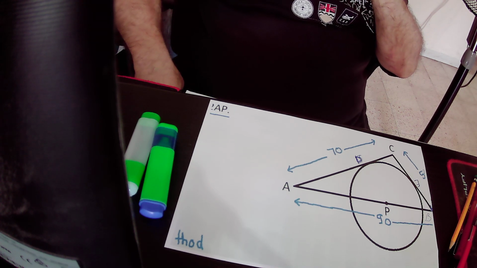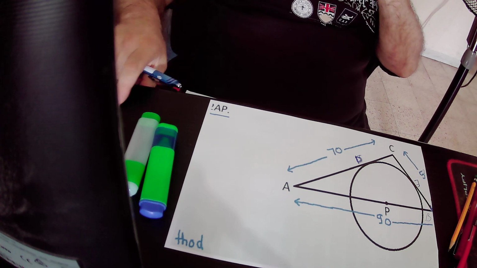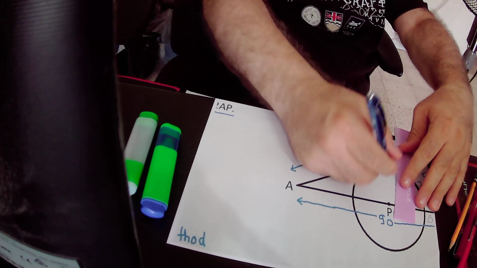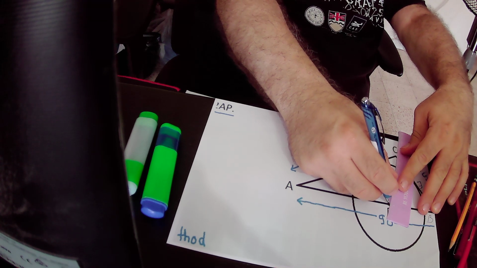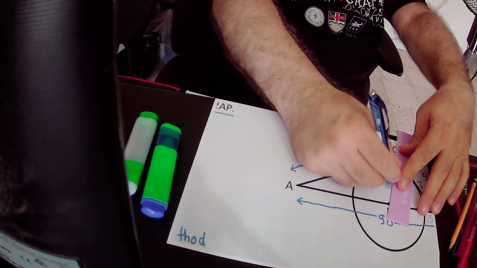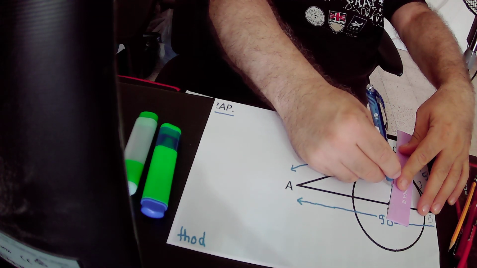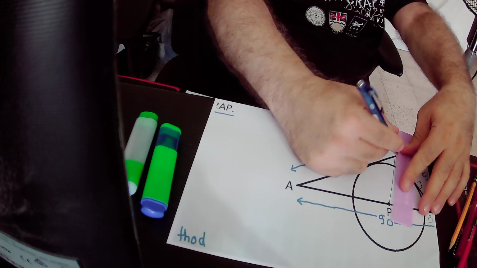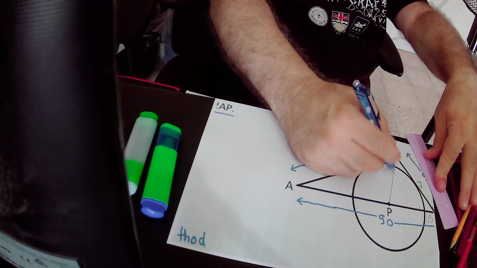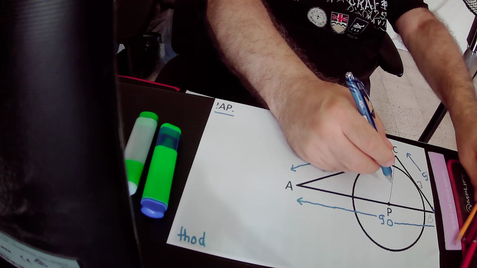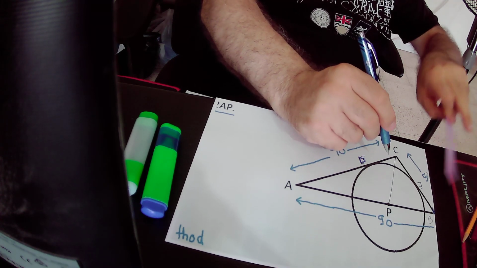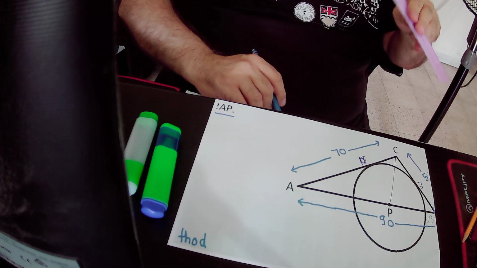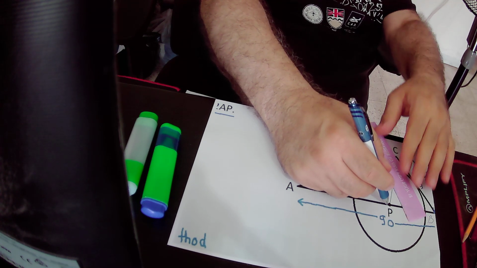Okay, in the next step we will connect points P and C together by a straight line, and also we will connect points D and P with a straight line.